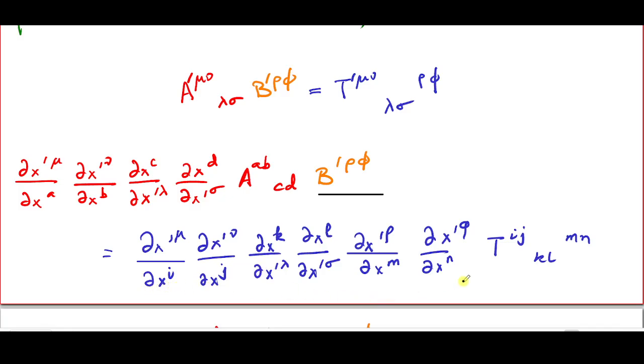Here, of course, you are going to get a product of 6 such coefficients, 4 vector transformation coefficients and 2 co-vector transformation coefficients. And notice that here we have used a, b, c, d as dummy indices. Here we have used i, j, k, l, m, n. That's simply to ensure that we do not mix up 2 different dummy indices in the course of the calculation.